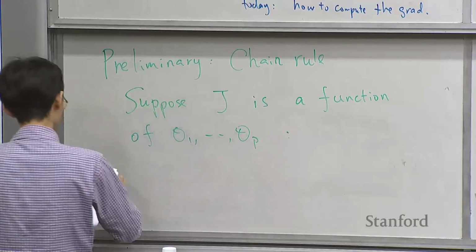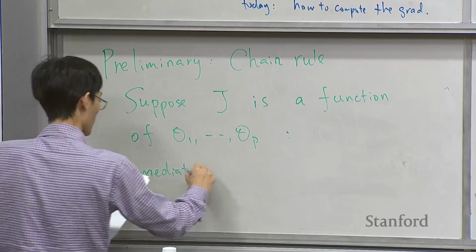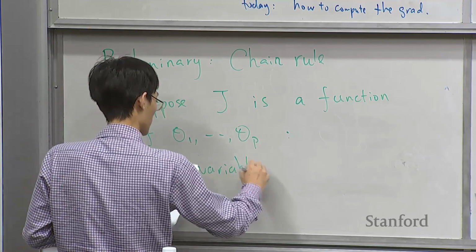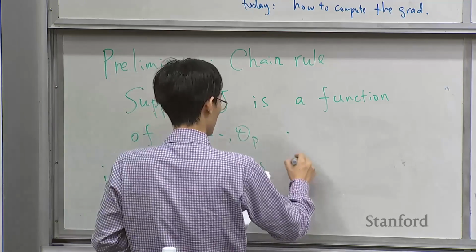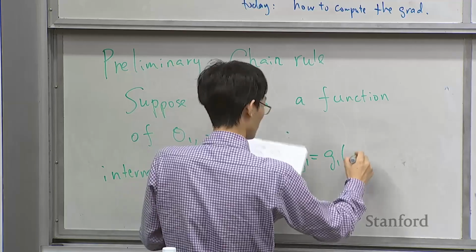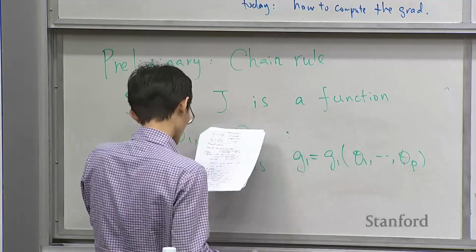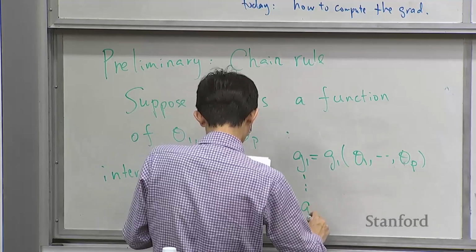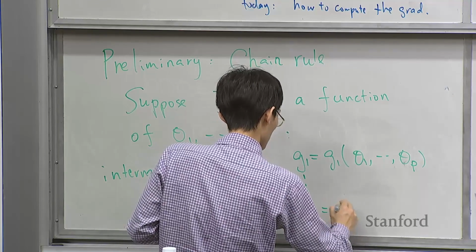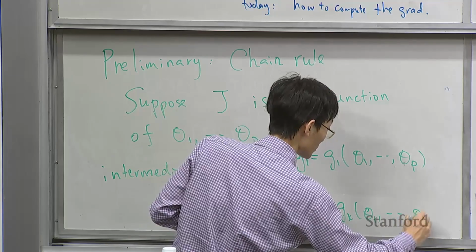You have some intermediate variables, let's say J1, which is a function of the inputs theta 1 up to theta p, and also up to Jk, which are some functions of these inputs.